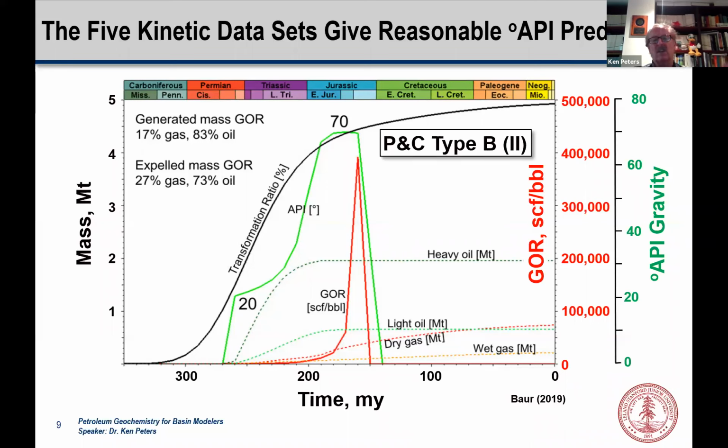Okay, so once again, I've discussed API gravity and GOR, even though we really don't use them for correlation. It's mainly to emphasize, don't use them for correlation because they're so readily altered. But of course, they're important to try to predict. And I think this is a new approach that seems to work quite well.